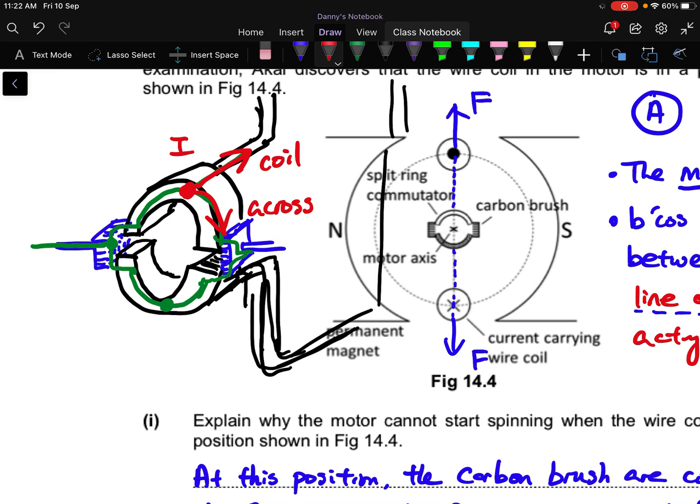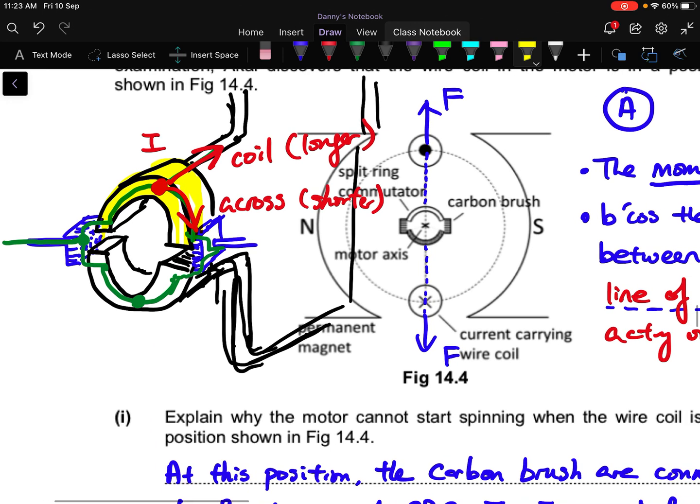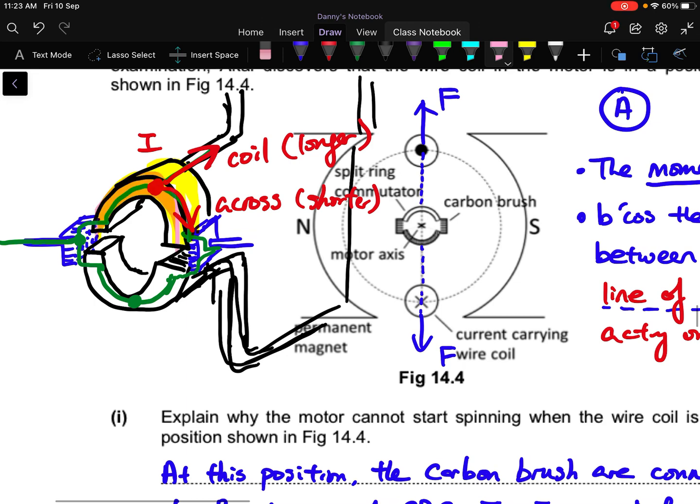And we know that in parallel connection, the current would always choose the least resistant path, or most of the current will go to the least resistant path. And resistance depends on the length of the wire. So obviously, the coil is a longer wire, and just going across, it is much shorter. Not to mention that the cross-sectional area here is also huge.